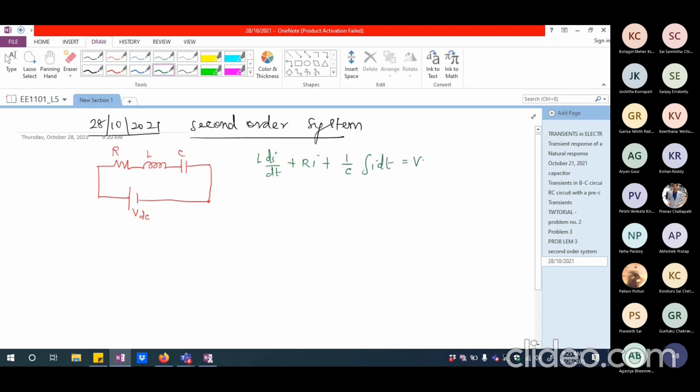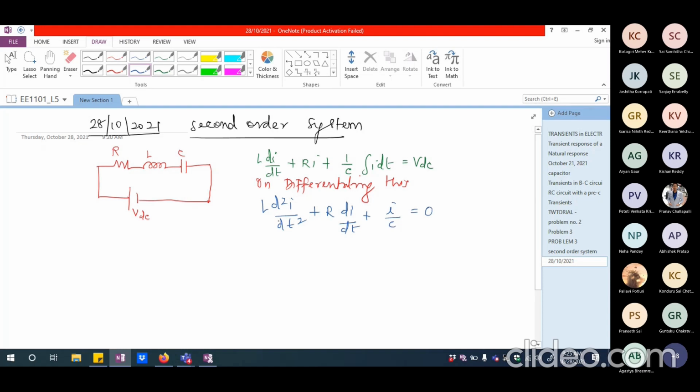dt equal to V DC. And on differentiating this equation, we wrote this as L d square i by dt square plus R di by dt plus i by C equal to 0.